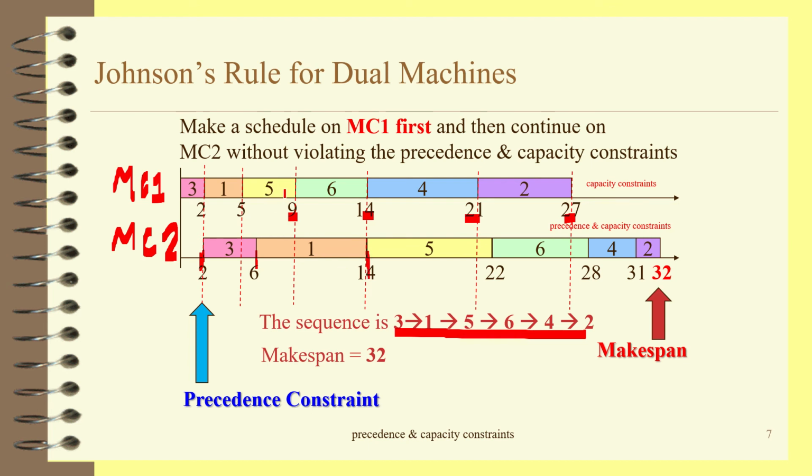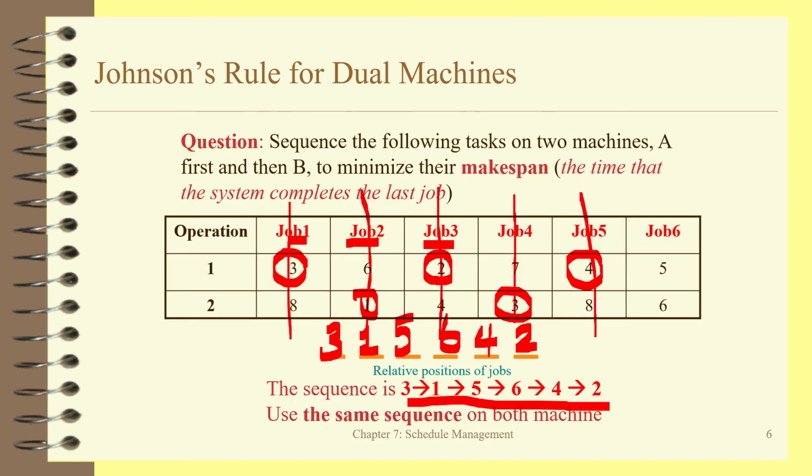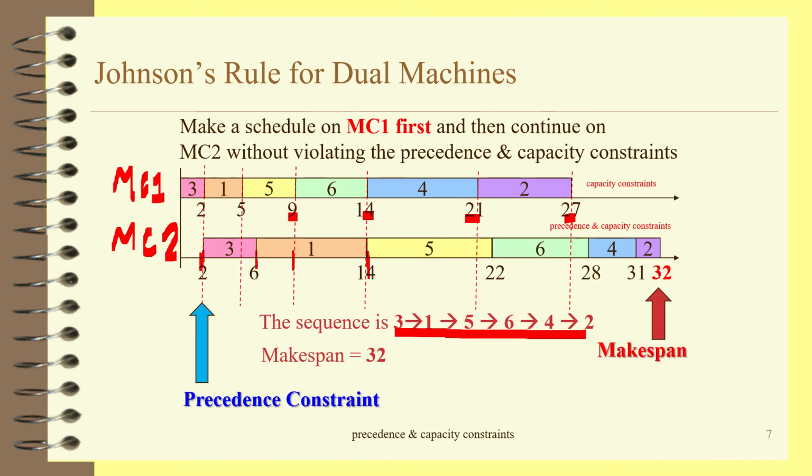Then job 5 finishes at 9. But you cannot start at 9 because of the capacity constraint again, so it could start at 14. And because job 5 requires 8 on the second machine, 14 plus 8 is 22.